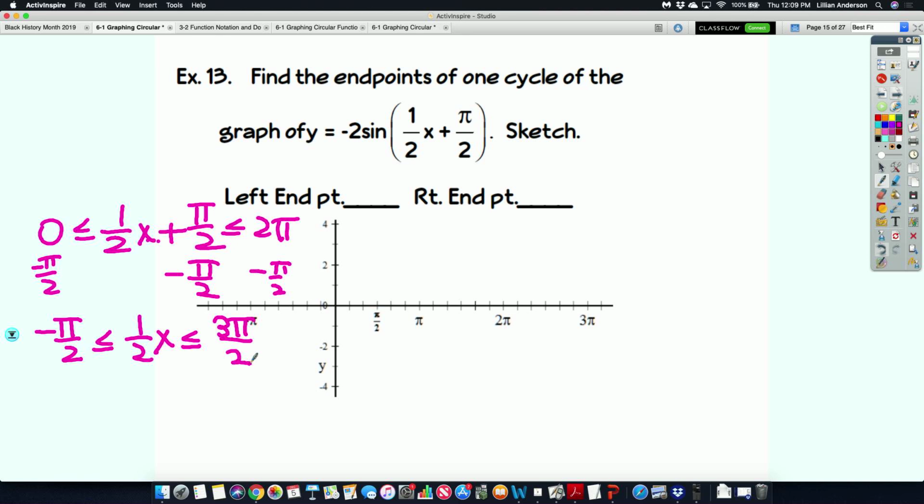How do I solve for x? I will be dividing by 1/2, which is the same thing as multiplying by 2. So if I multiply everything by 2, what's the left side? What's negative pi over 2 times 2? And what about 3 pi over 2 times 2?